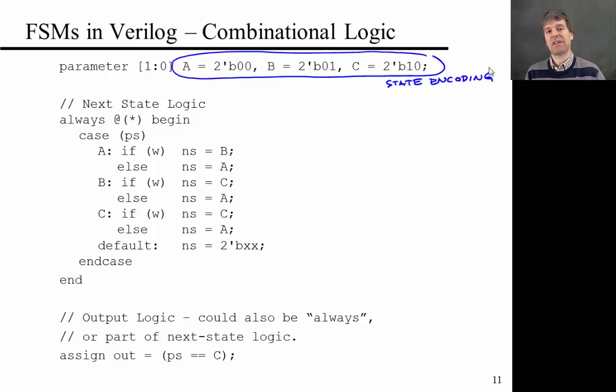This state machine has 3 states, and state A is going to be encoded as 2'b00, which means the 2-bit binary number 00. Similarly, the encoding for B is the 2-bit binary number 01, and C is 10. So there are 3 states, and those are the encodings that we're going to use.